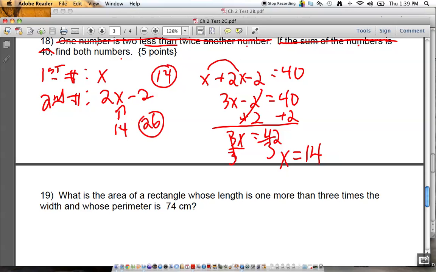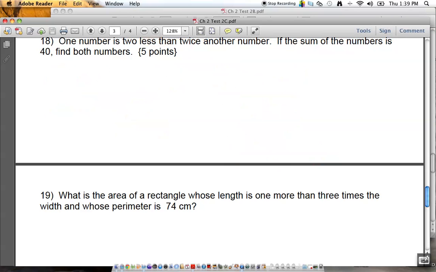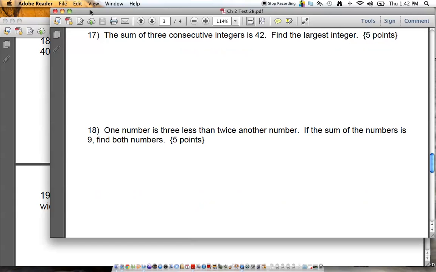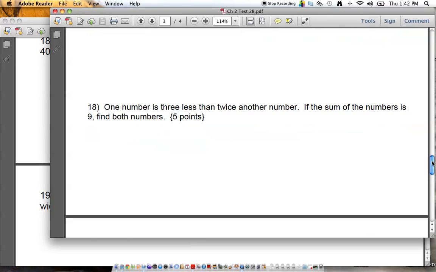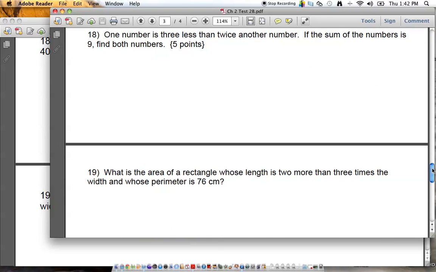Okay, you guys do number 18 on the other sheet. God, I wish mine actually cracked.